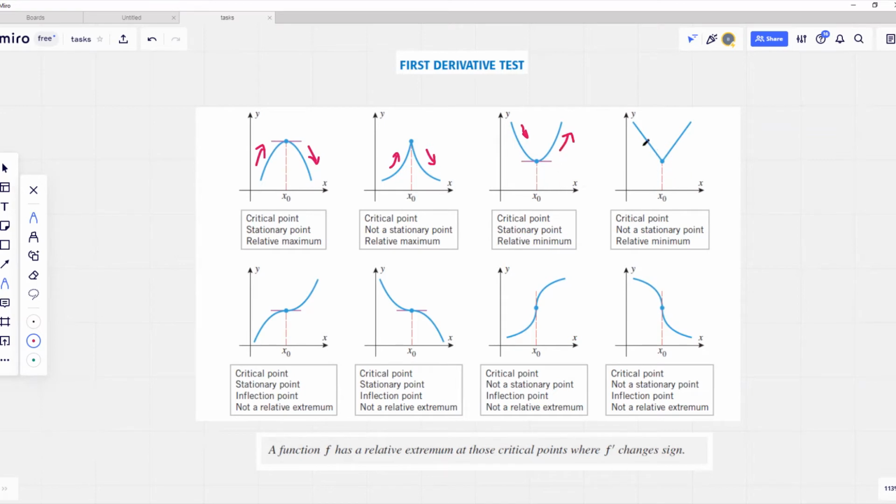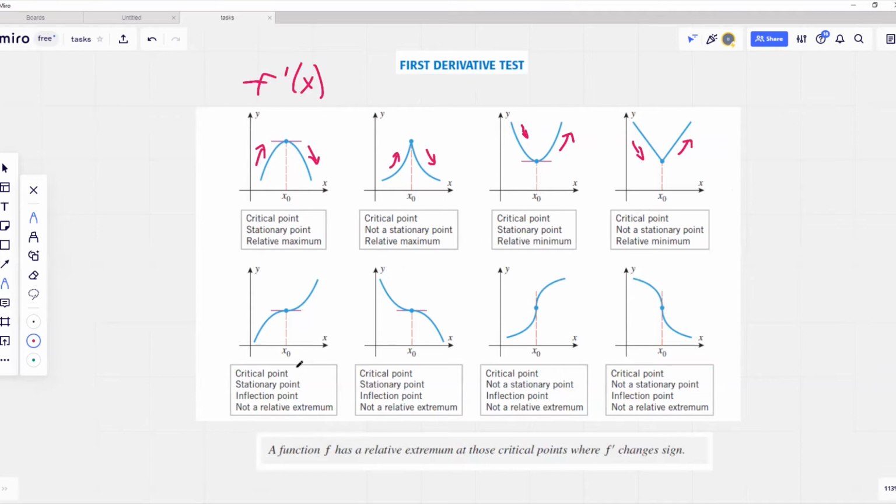And similar for this case, it's decreasing, then increasing, and at x0, we have a corner point where our function is non-differentiable. So the first row indicates critical points over which f prime changes its sign, and we see that in all these 4 cases, we have relative extrema.